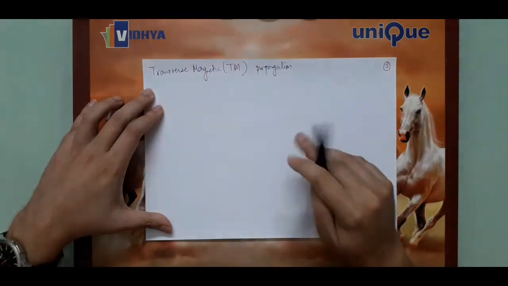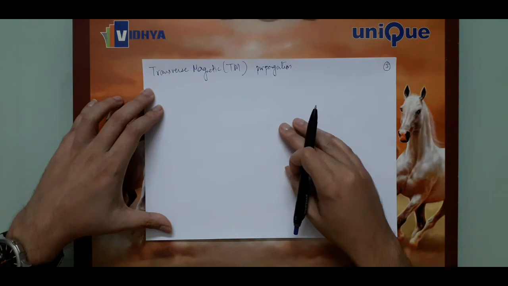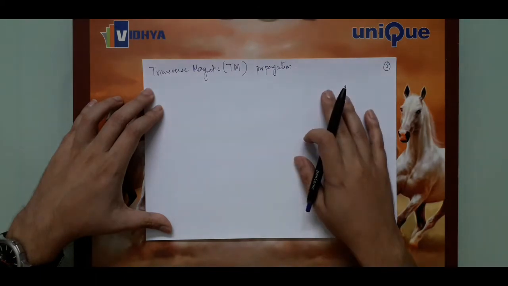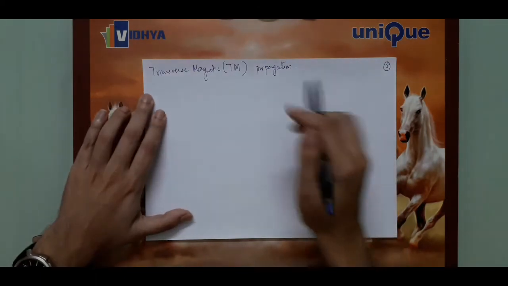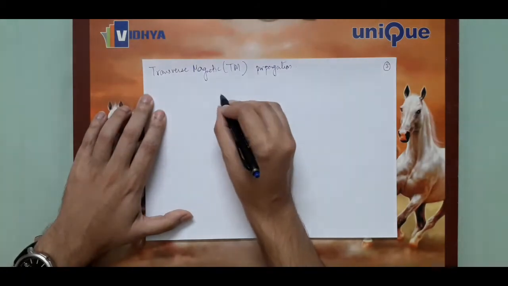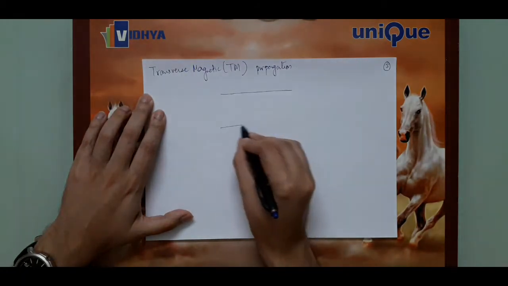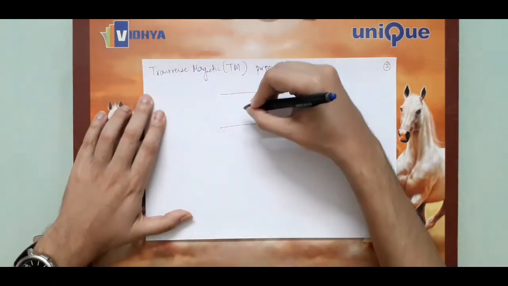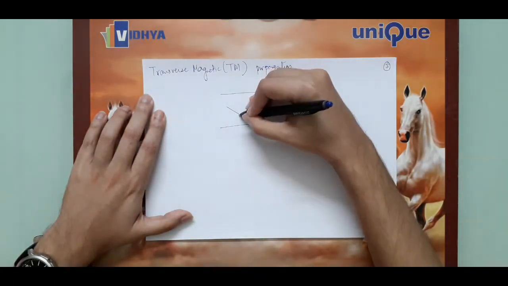So therefore now the wave that is being incident on either of the conductors must be horizontally polarized. So now let us assume that a wave is incident like this.